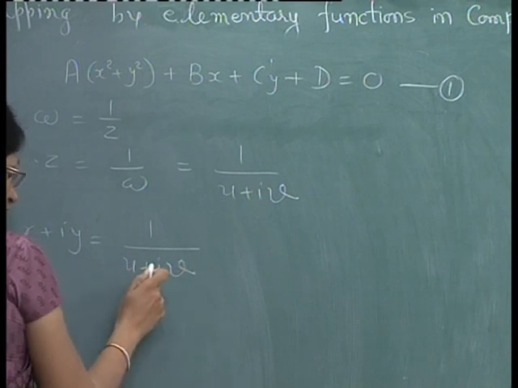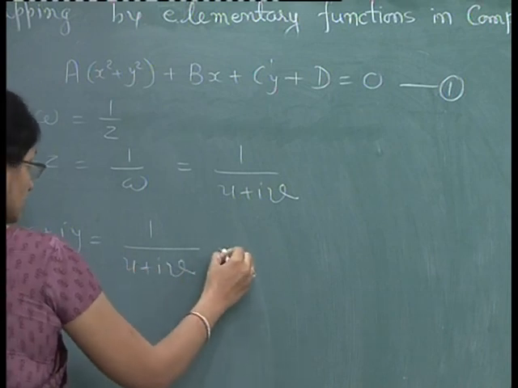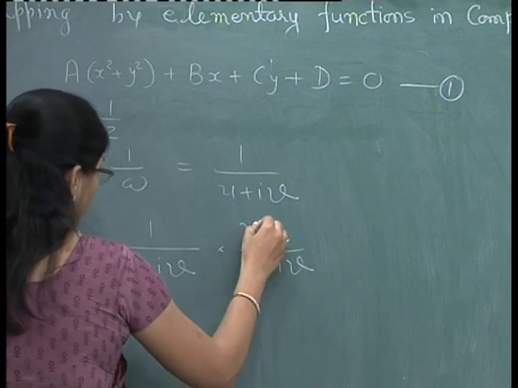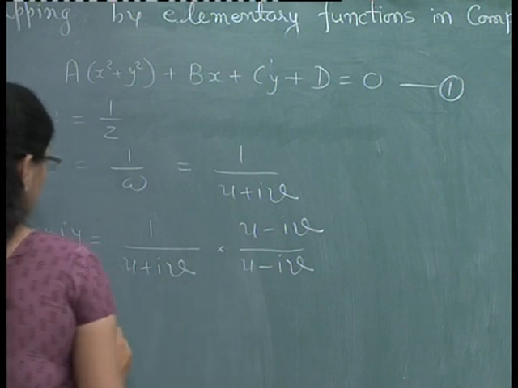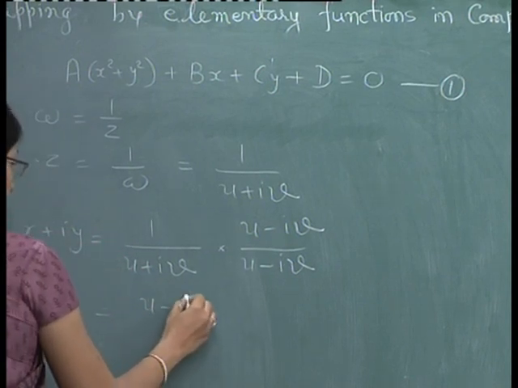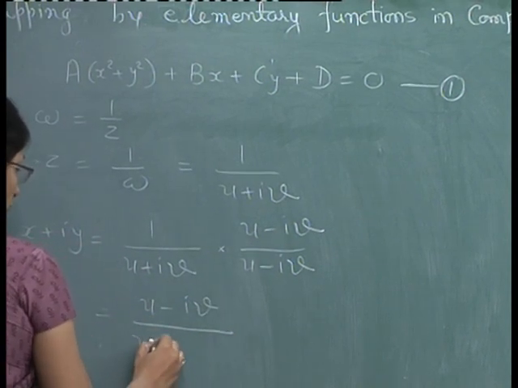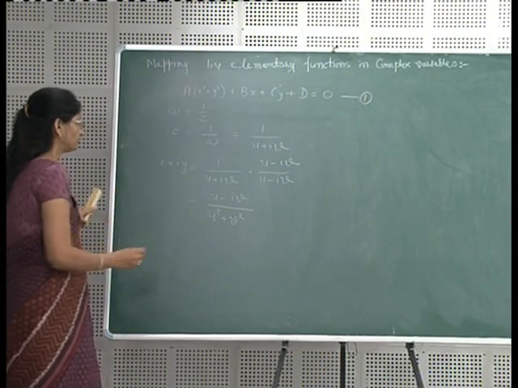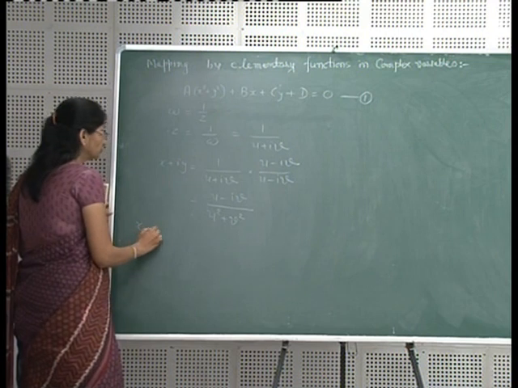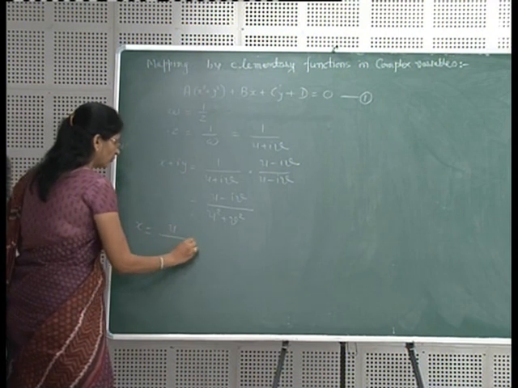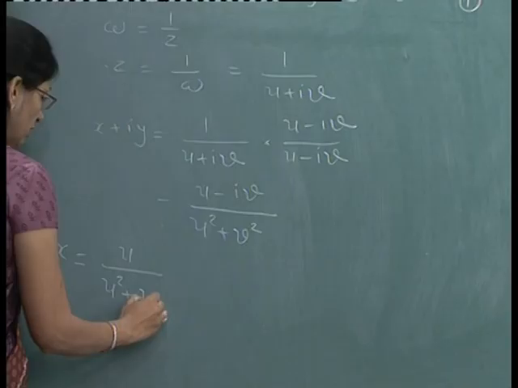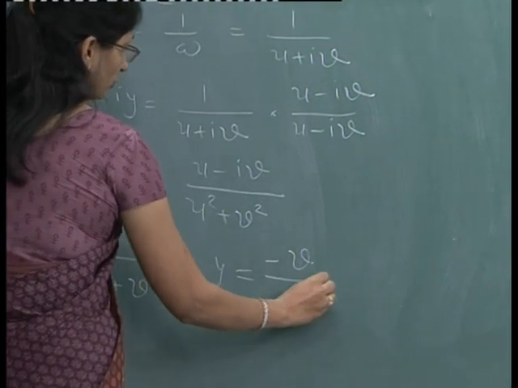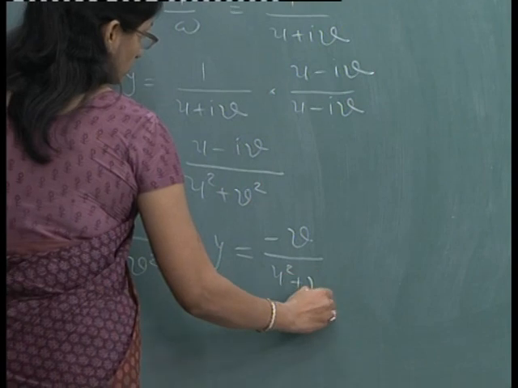Now the complex conjugate of U plus IV is U minus IV, so multiply and divide by U minus IV, and so we have (U minus IV) upon (U square plus V square). This implies X is equal to U upon U square plus V square and Y is equal to minus V upon U square plus V square.